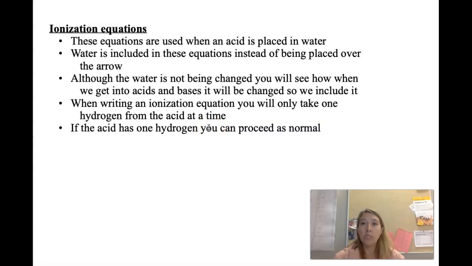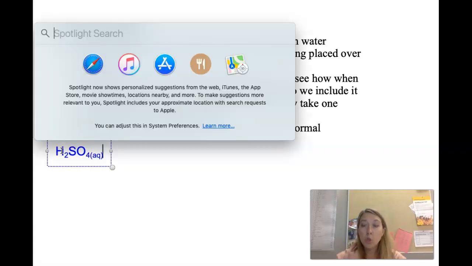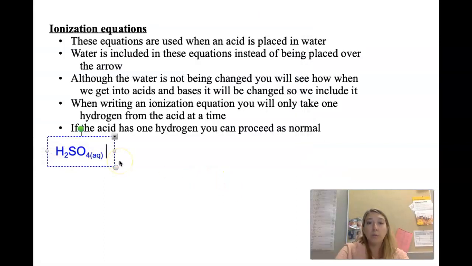If it has more than one hydrogen, let's say I have sulfuric acid, which is H2SO4, this is actually going to require two ionization equations, because it has two H's. We're going to do this plus our water.